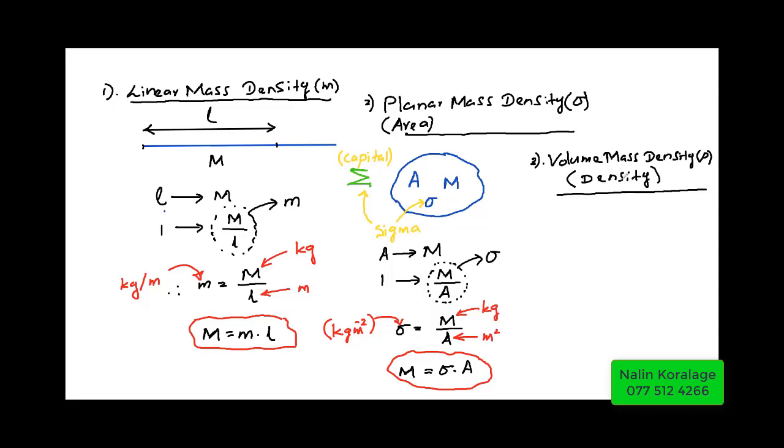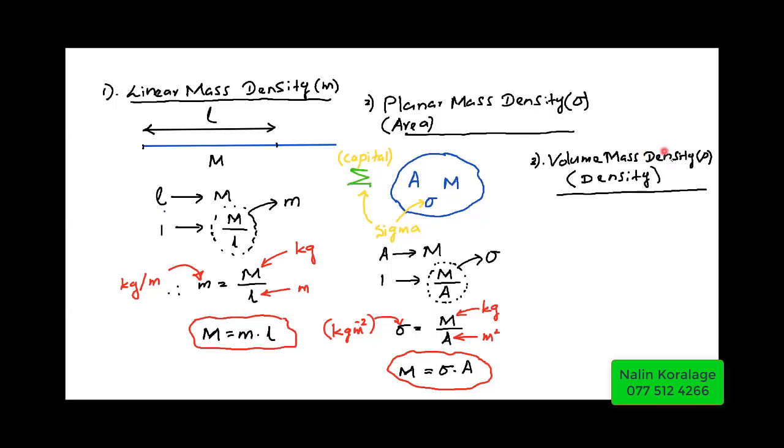The reason why, when it comes to density, we drop the volume part as well as mass and just say density: in case you just hear the word density, usually you don't go for the planar mass density or the linear mass density, you just stick to volume mass density. What made that automatic? When somebody says just density, what comes into your mind is the mass per unit volume.